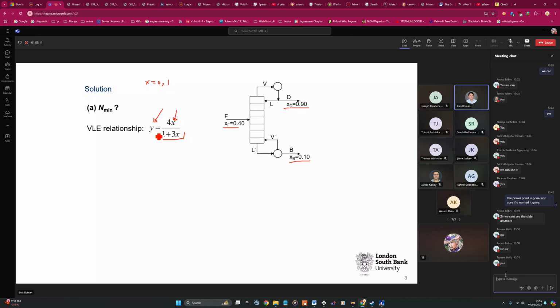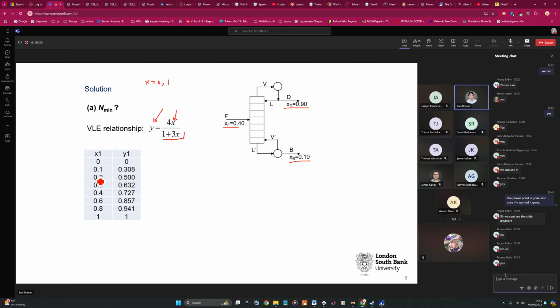Between 0 and 1, you can use any number of data points, 10, 15, 20. But for the purposes of the exam, probably 7, 8 points should be fine.